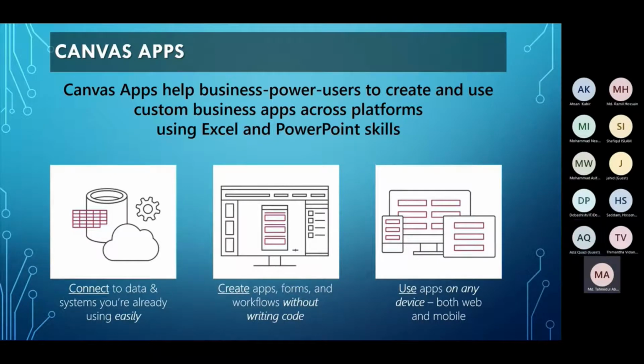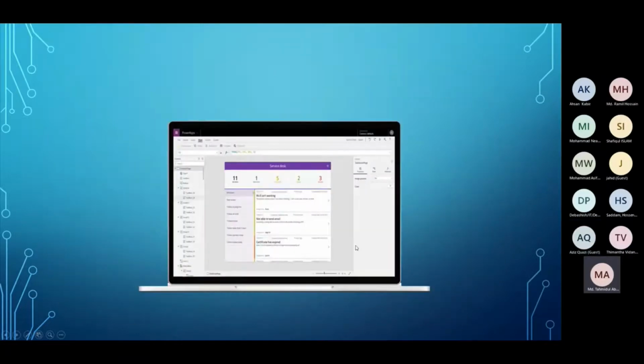With this Canvas app, you can create a Canvas app, and in the backend, you can save those data in your Excel. That's a huge feature, I think, for minimizing the cost of a small application. Also, here we can use different types of forms and workflows without writing any code. So these are the types of features provided by the Canvas app.